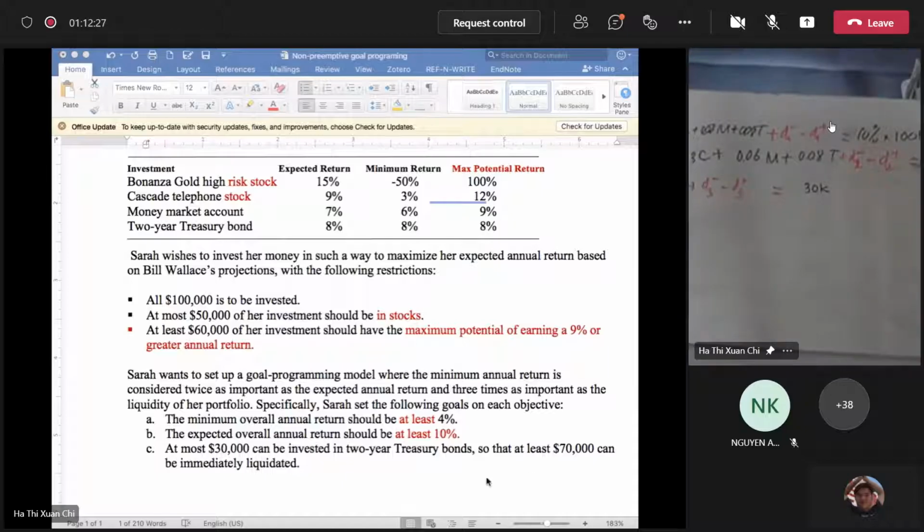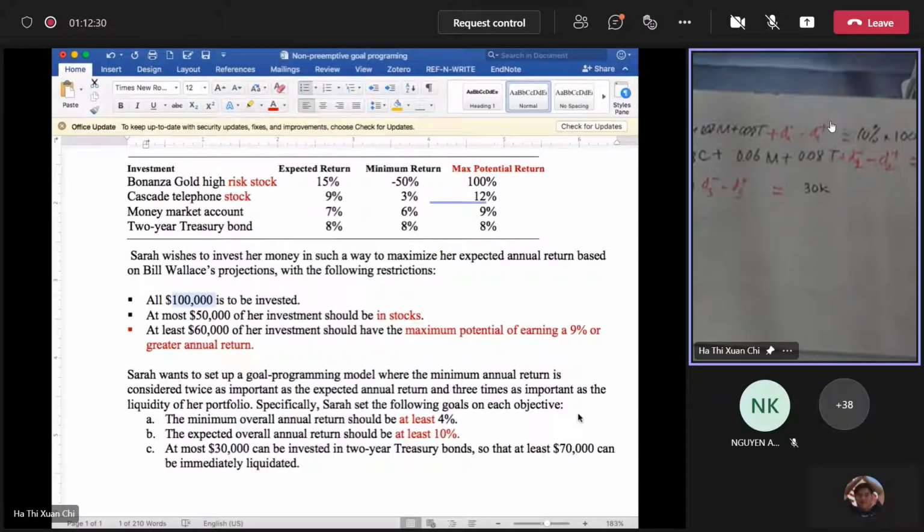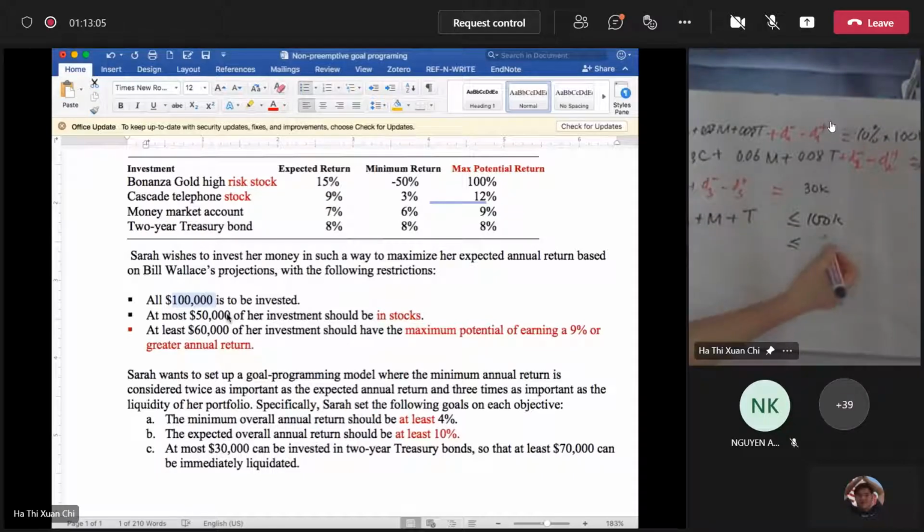Okay, so I move to the constraint, which is 100,000 for investment. It means B plus C plus N plus T cannot exceed 100,000. And also 50,000 in stock.